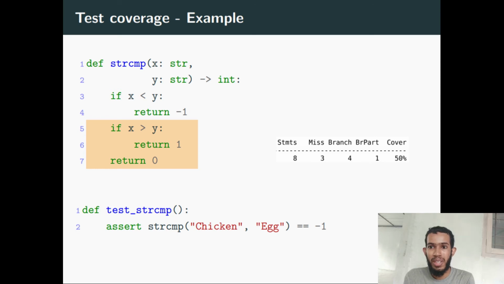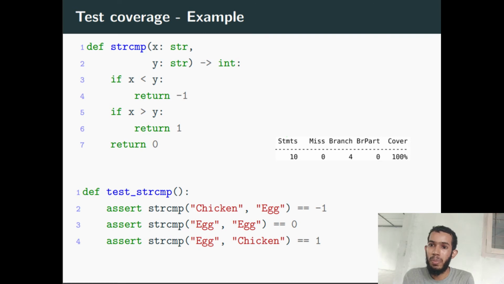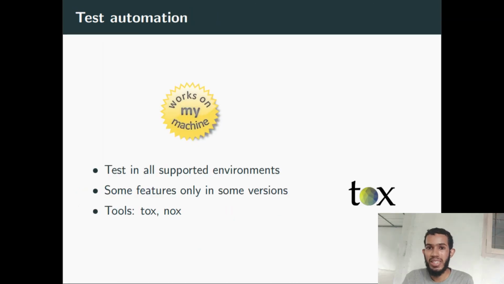So that's the use of test coverage. So we add some extra assert statements to cover the 2 remaining branches as well. And now if you run coverage, it will say 100% coverage. Now we have our unit test ready.